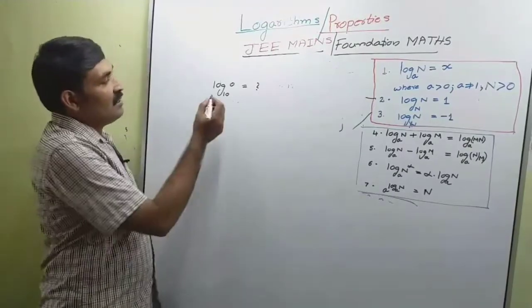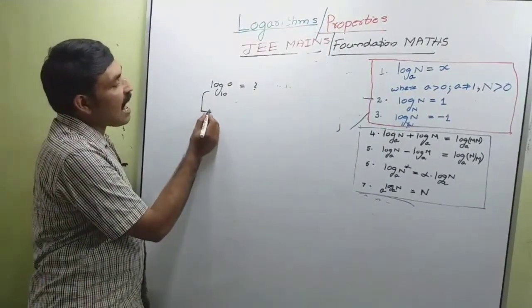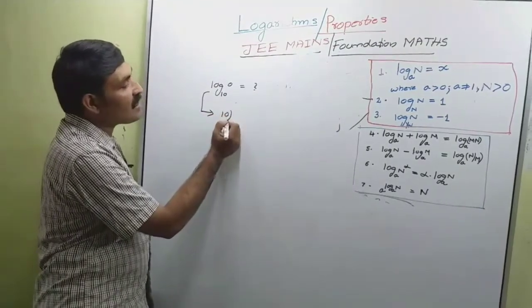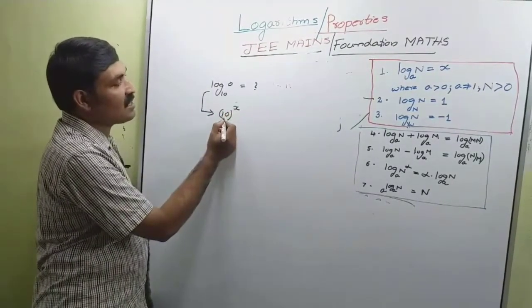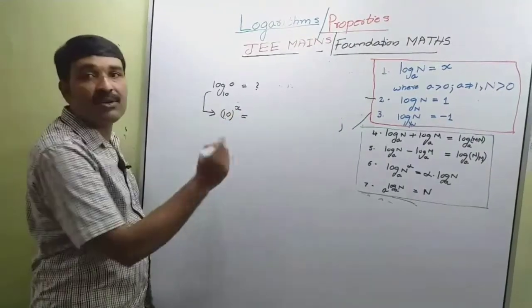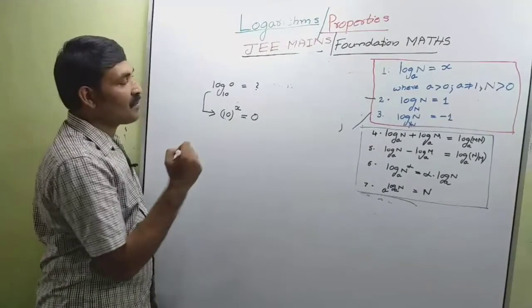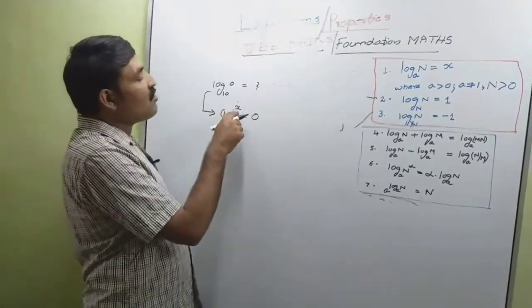Now we can write this in exponential form as base raised to x, that is base raised to exponent, is equal to the number. Here the number is 0.